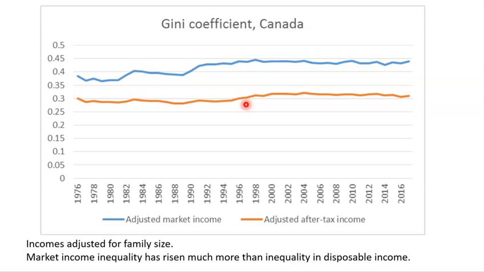Then in the mid-1990s, there were some actions taken by the federal government, weakening unemployment insurance, for example, carrying out a variety of other measures which allowed after-tax income inequality to increase slightly. So that's really the Canadian story.